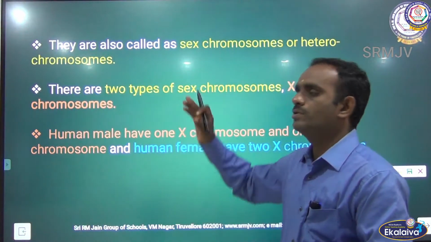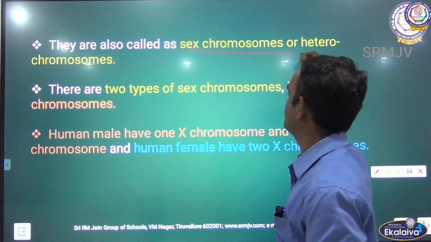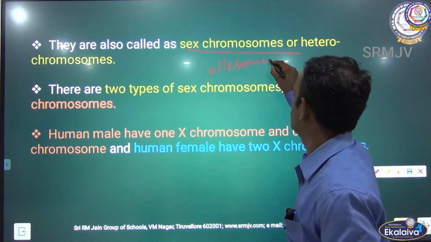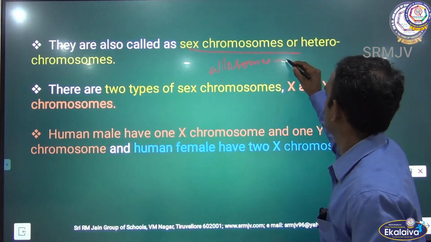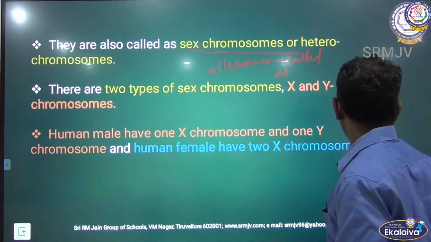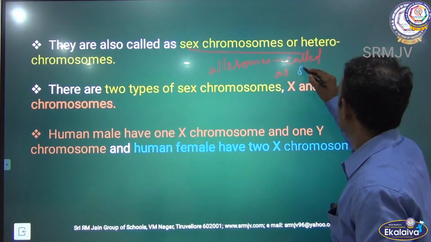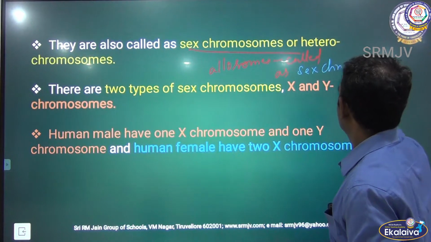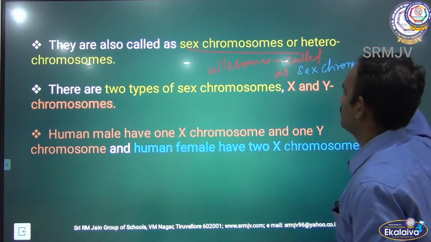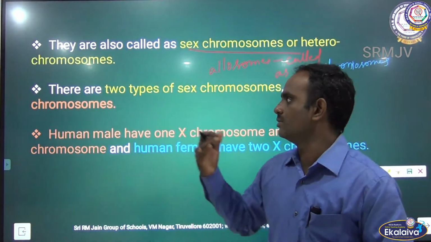So allosomes are also called sex chromosomes.